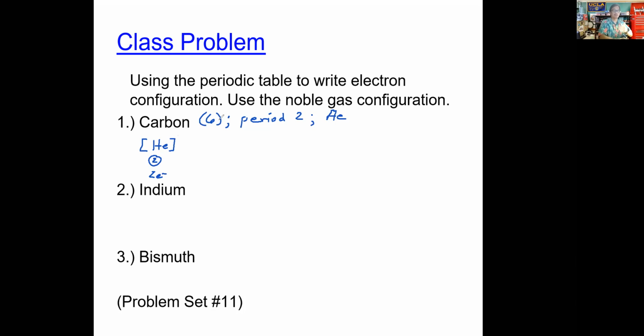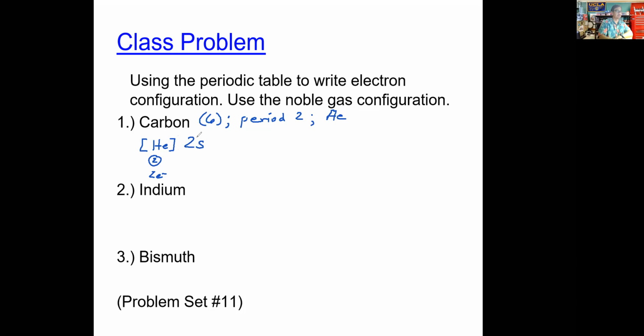We indicate where the remaining 4 electrons are located, and how we do that is we start our count. If helium is square number 2, we're going to start our count at square number 3, which represents the lithium square, and that is in the 2s block. Okay, so second period s block, and we're going to count that square.